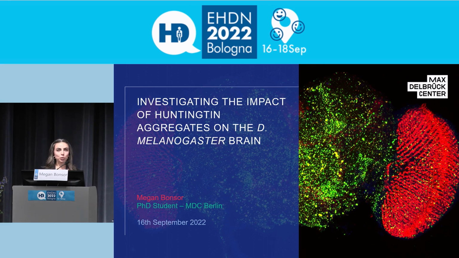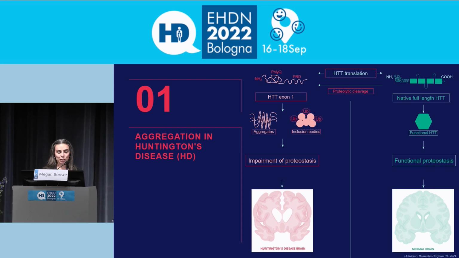So to introduce my project to you, I have to introduce you to the concept of aggregation in Huntington's disease, something that many people today have already spoken about, so please bear with me. So in this project, we specifically use Huntingtin exon 1. And Huntingtin exon 1 is an N-terminal protein fragment consisting of the poly-Q domain, and it's been found in vitro and in patients to form aggregates and inclusion bodies.